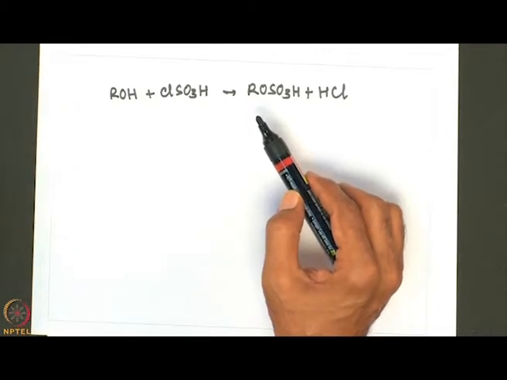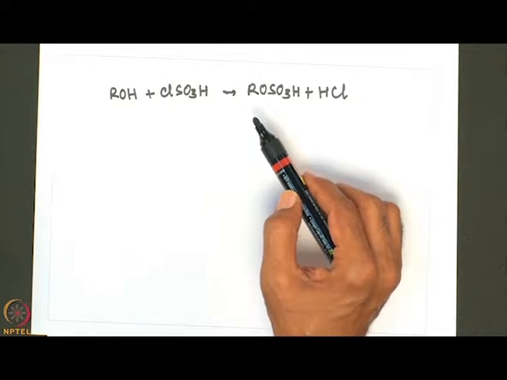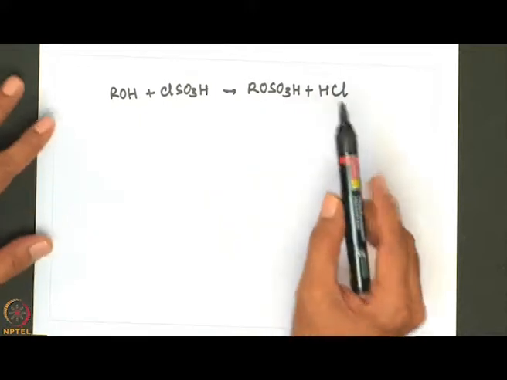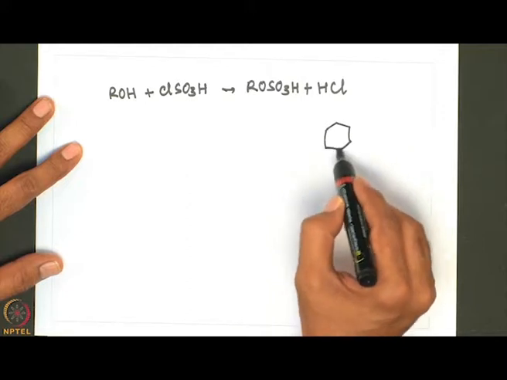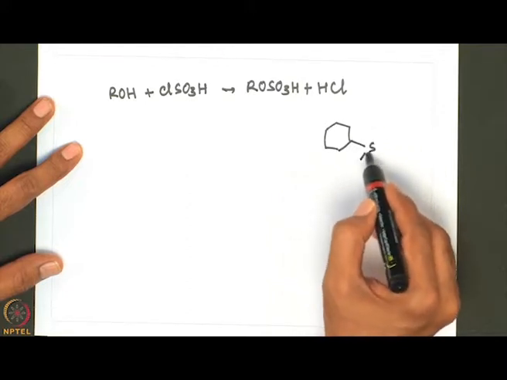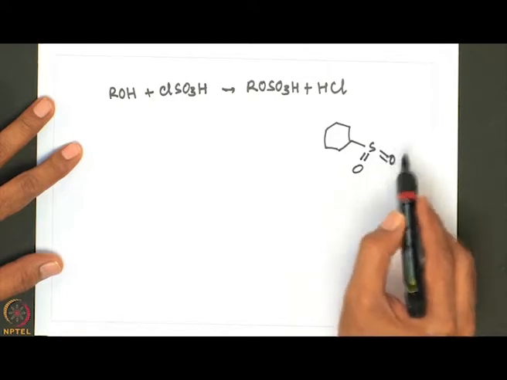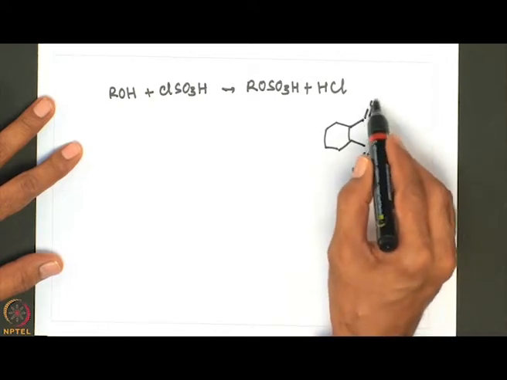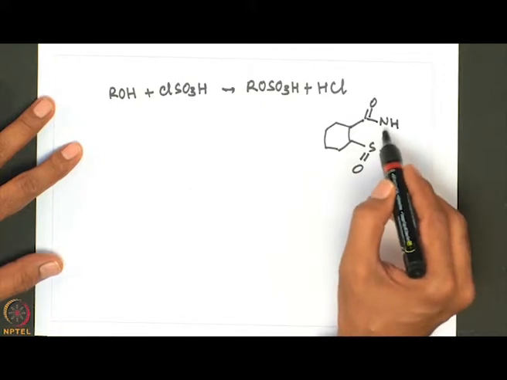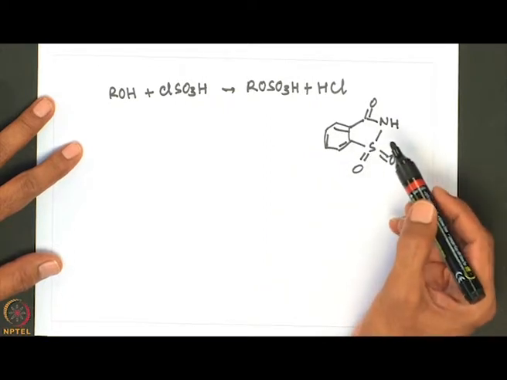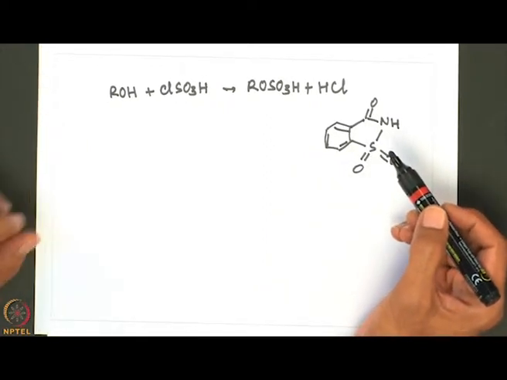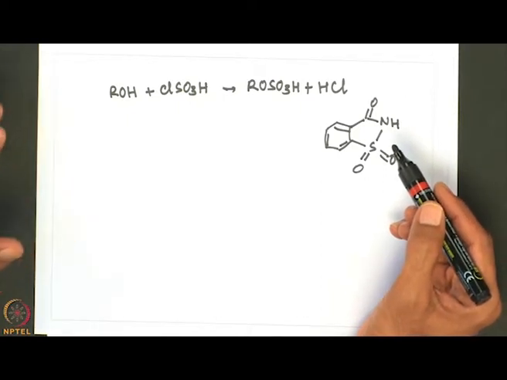An early synthesis of saccharin begins with the reaction of toluene with chlorosulfonic acid to give ortho and para toluene sulfonyl chloride derivative, and this was first prepared in 1879. Okay.